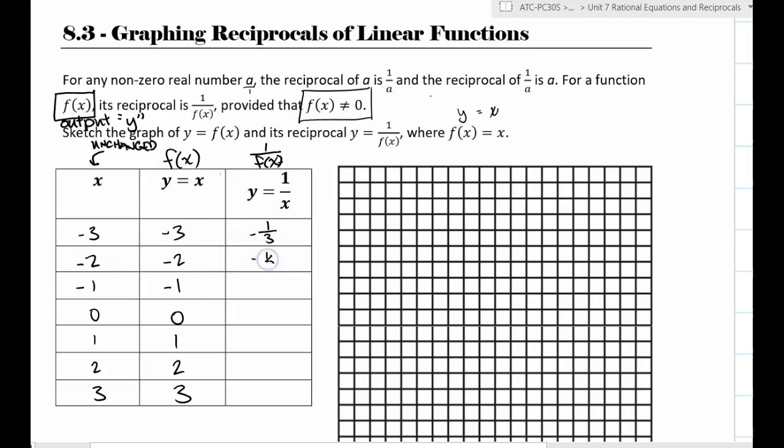It's going to be -1/2. -1. 1 divided by 0 is not possible. So there is no value. And you would get an error if we punch that into our calculator. 1 divided by 1, still 1. 1/2, 1/3.